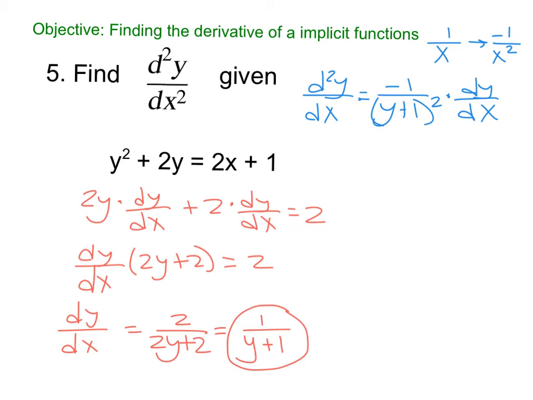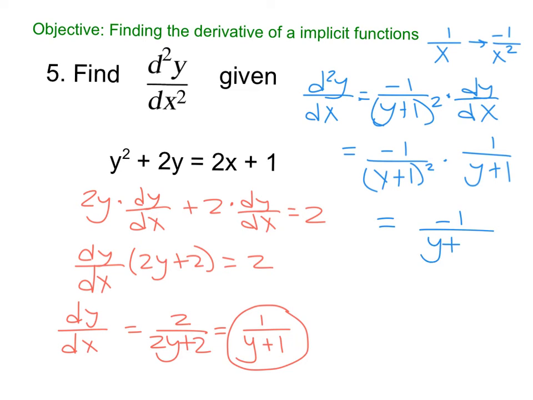So that just made it easy. That's why I have you do that memorization. So now I'm going to substitute in negative 1 over y plus 1 squared times 1 over y plus 1. You can leave it like that, but if you simplify, you get negative 1 over y plus 1 to the third. And that's your final answer.